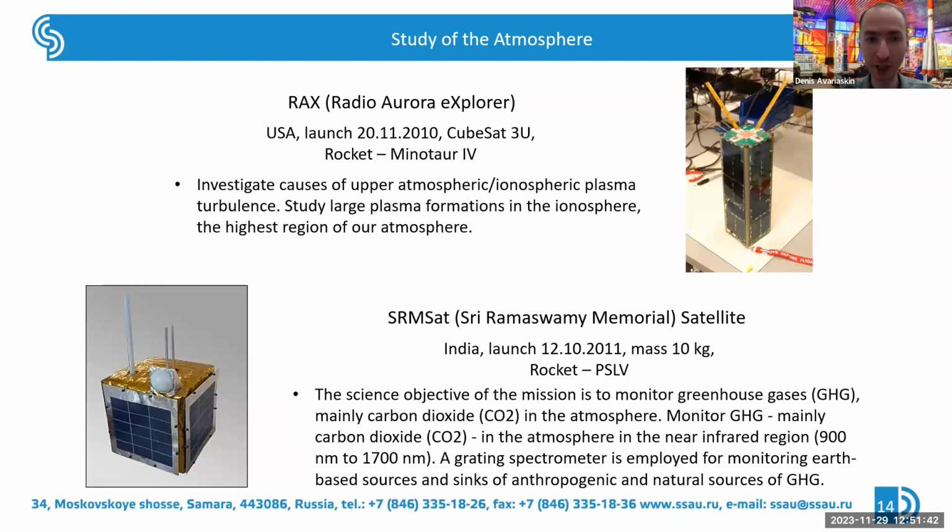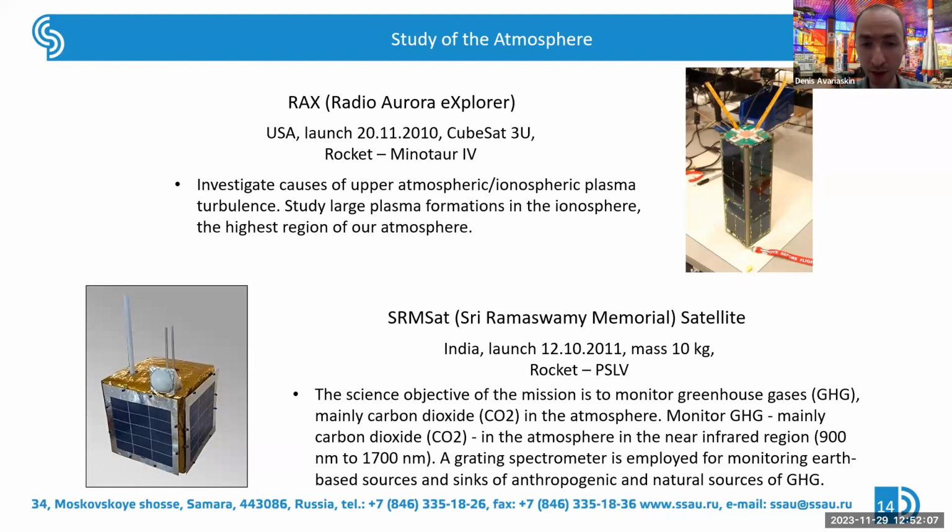Here are also two examples of satellites that solve these problems. The first one, AirAX satellites from USA, was launched in 2010. This satellite was investigating the atmosphere and ionosphere and ionospheric plasma.